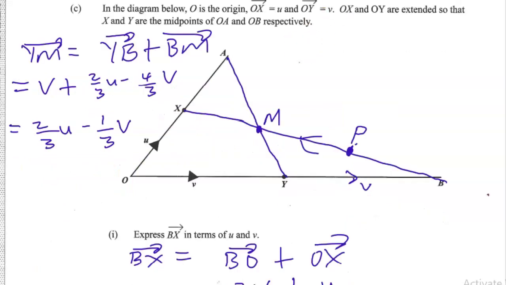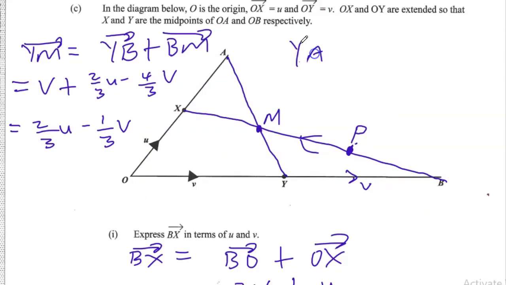I don't think we have YA, but YA would be YO plus OA. From the diagram, Y to O to A. Now YO, that's negative v, since you're going in the opposite direction. OY is v, so YO is negative v.